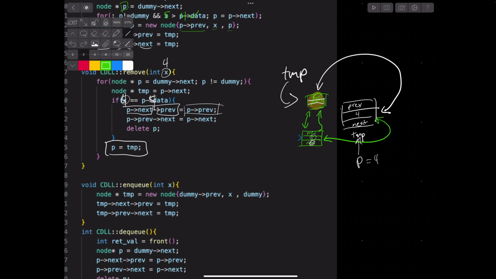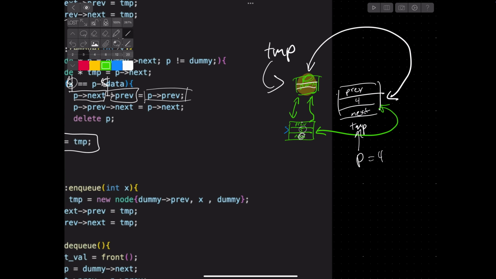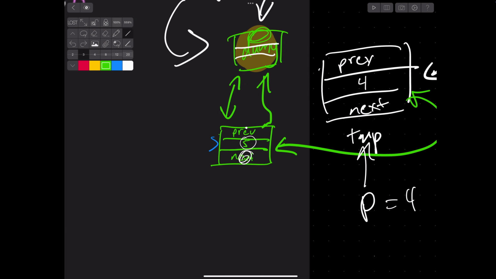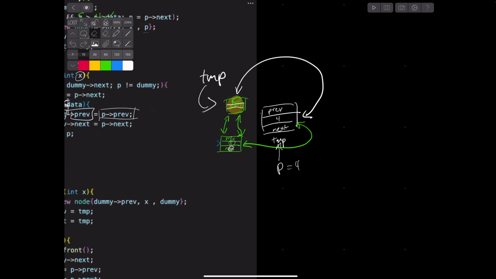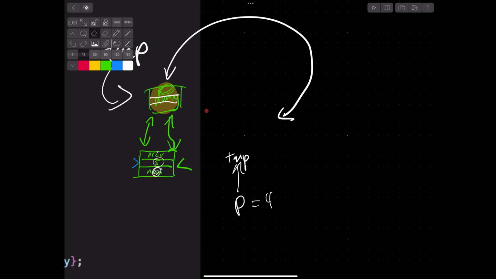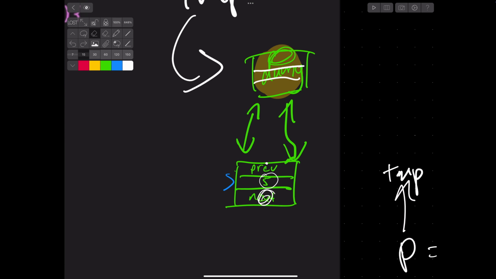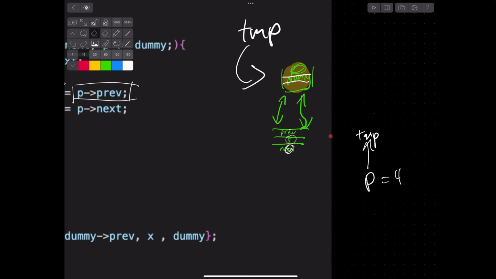So p previous is dummy, and this thing's next is going to equal whatever p next is. So here, now we restore the functionality. And then once that's done, we can simply delete p. And then obviously the pointers also get deleted, and our linked list returns like this, and we can cycle around.